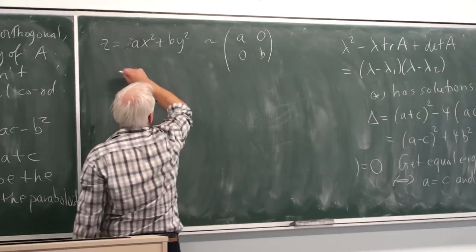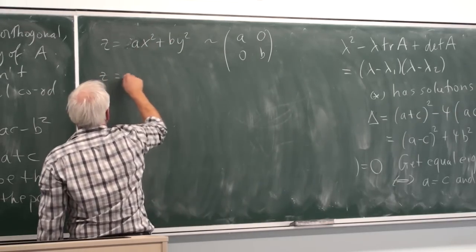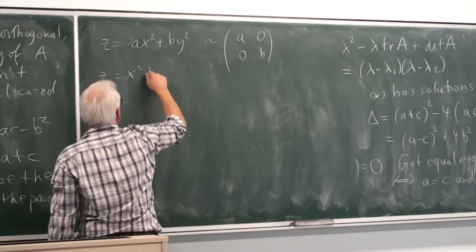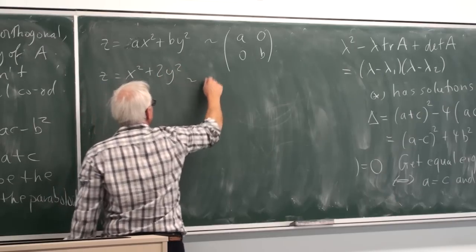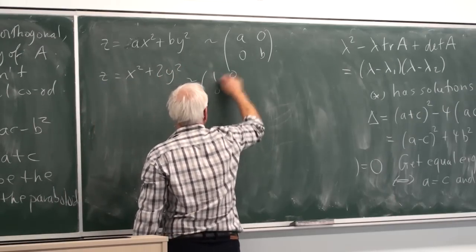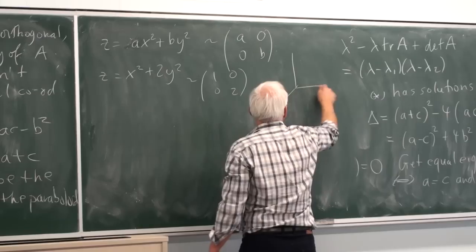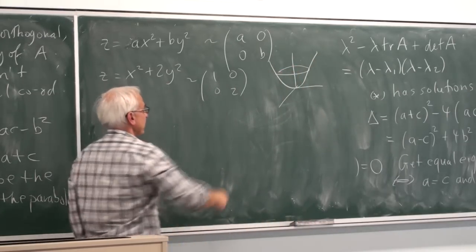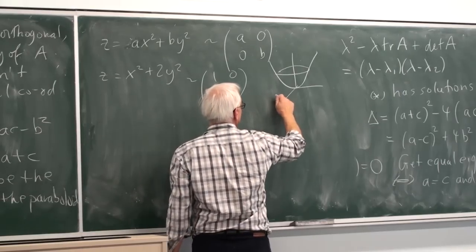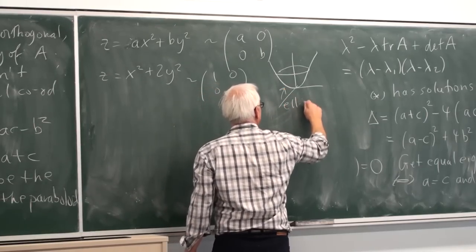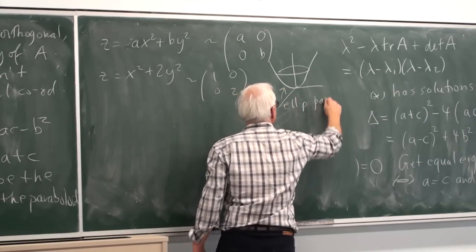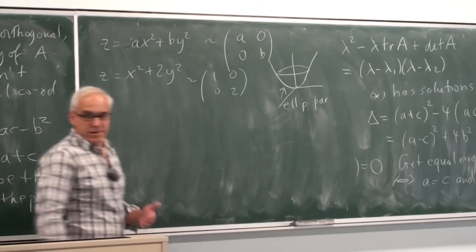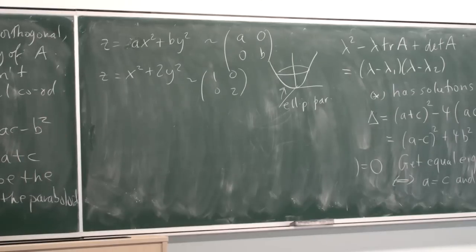So suppose that, for the sake of argument, we have something like x squared plus 2y squared. So the associated matrix is 1, 2, 0, 0. This is going to be an elliptic paraboloid with an elliptic cross-section.